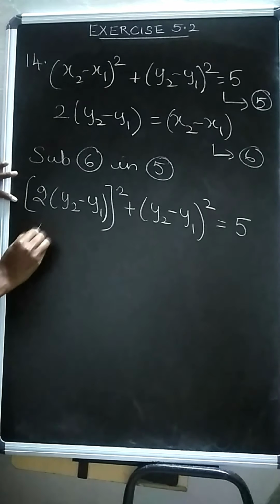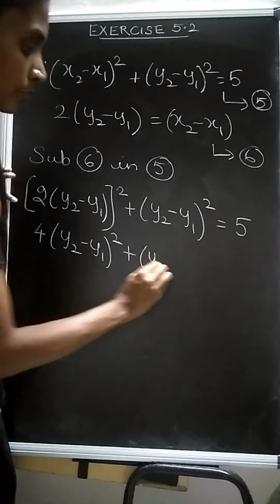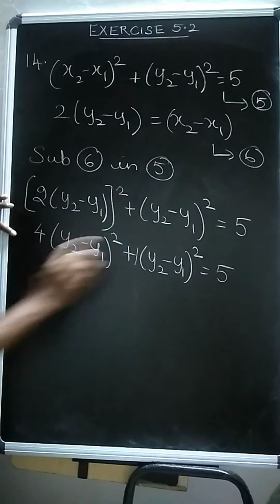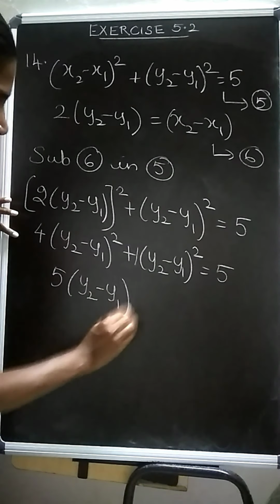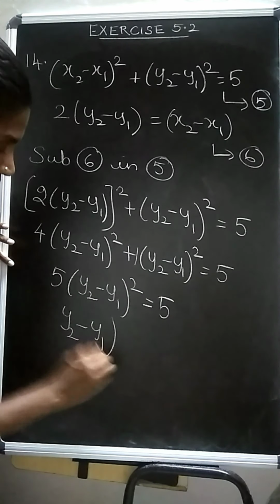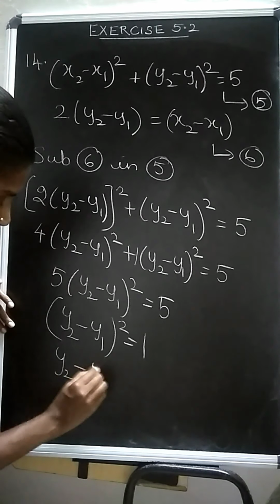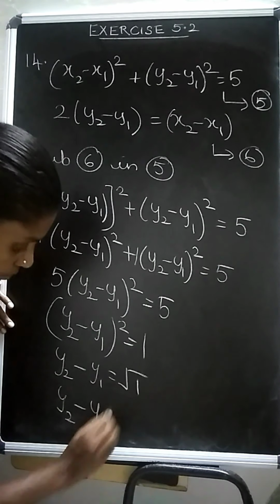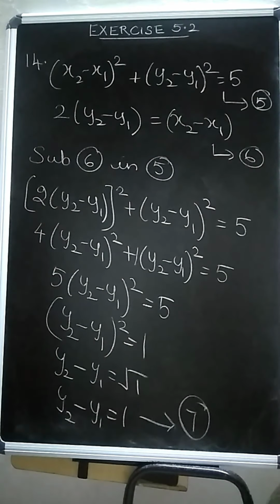So 2 2s are 4. 4 into y2 minus y1 the whole square plus y2 minus y1 the whole square is equal to 5. So 4 plus 1 is 5. 5 into y2 minus y1 the whole square is equal to 5. So what you get? y2 minus y1 the whole square is equal to 1. So this square, when it comes this side, it becomes root 1, which is nothing but y2 minus y1 is equal to 1. Now this is your seventh equation.